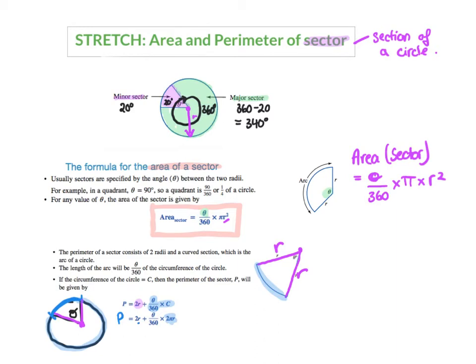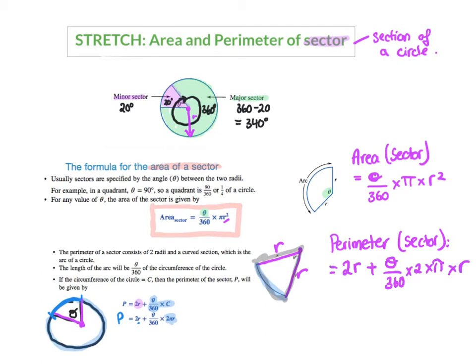So to find the perimeter of a sector, meaning the total outside of this shape, the formula is 2r, 2 times the radius, plus how much of the circle you've got over 360 times 2 times pi times r.